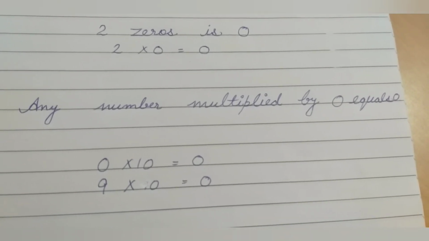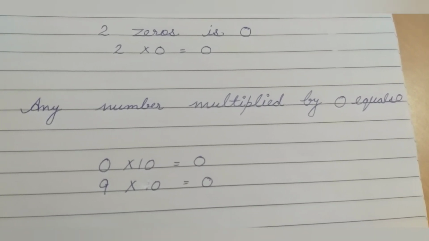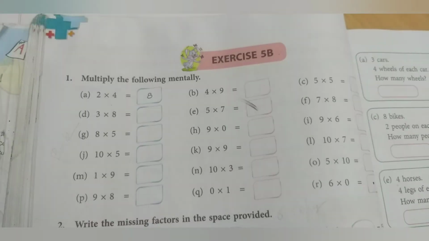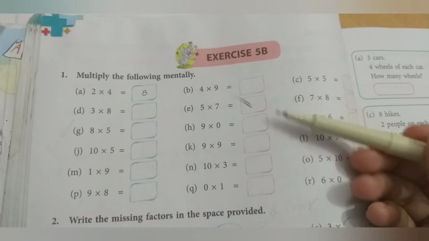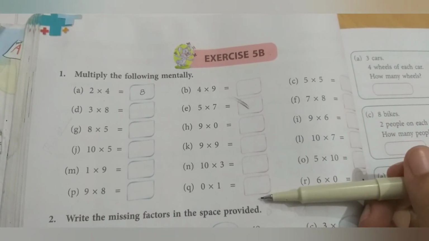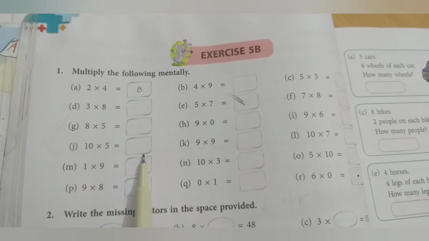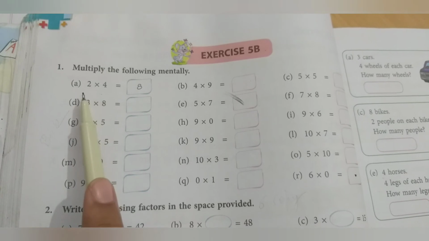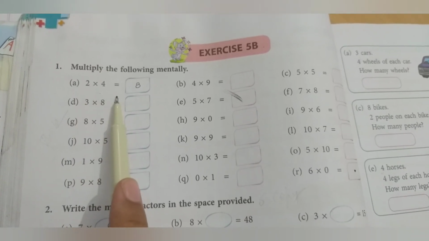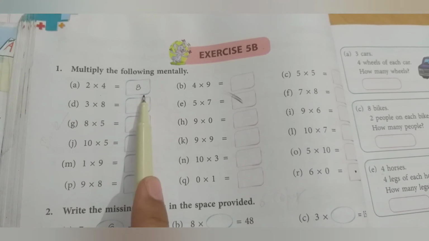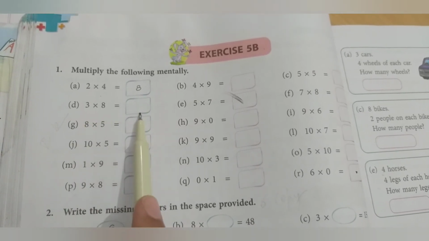Let's move on to some questions based on these. Next, some questions based on multiplication. I hope you have learned tables. So here you have to simply multiply mentally, like 2 fours are 8, 3 eights are 24.